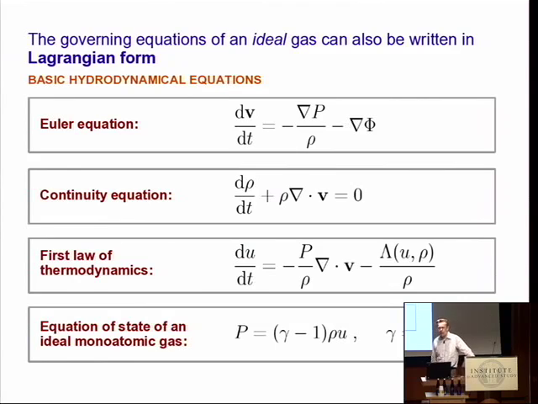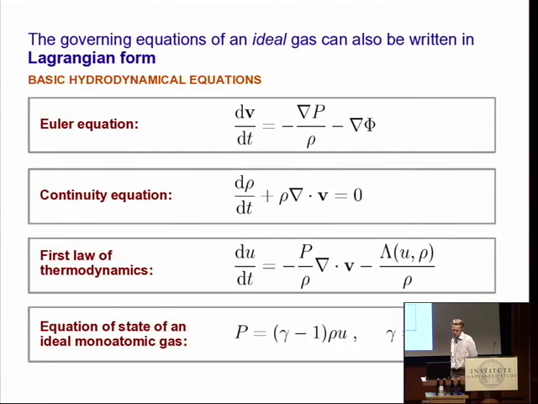So I come now to the second half of the lectures that were assigned to me, and they deal with smooth particle hydrodynamics, an interesting particle-based method to treat hydrodynamics in a so-called Lagrangian form.